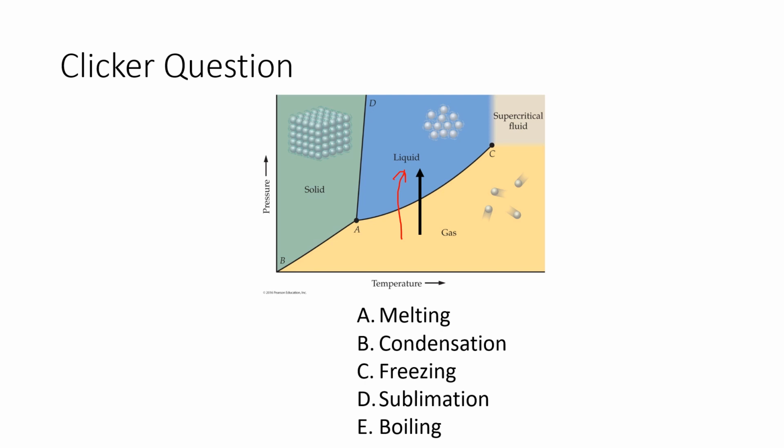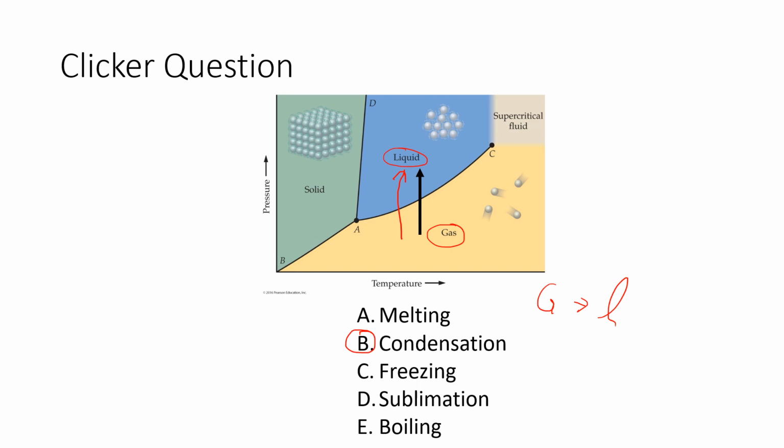This is a vocabulary question. We're starting in the gas phase and ending in the liquid phase. For that gas to liquid phase transition, we call that condensation. So that's one way that I ask phase diagram questions.